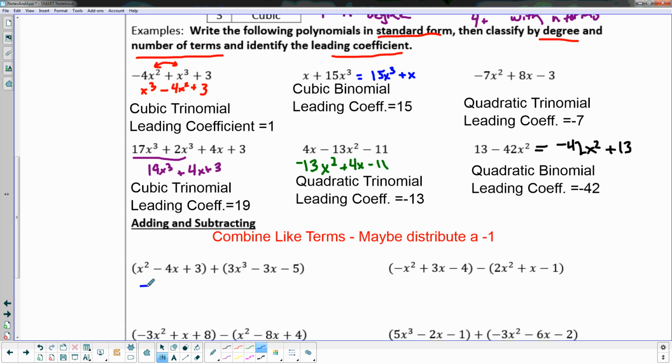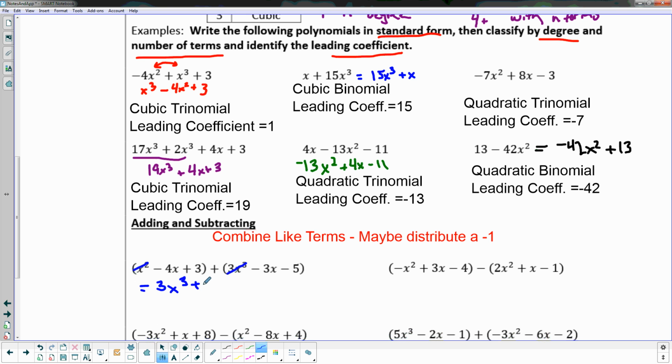Okay? If I were to look at what this equals, I have a 3x cubed. I typically try to put it in standard form because I like it. It makes sense. I'm starting with the highest power of x and then working my way down. And if you need to, you can cancel them out after you write them, just to make sure that you've covered everything. And then I have an x squared, so I'll go ahead and write that.